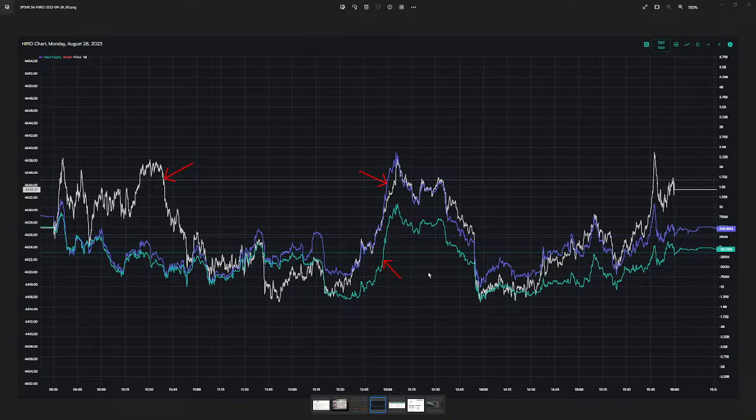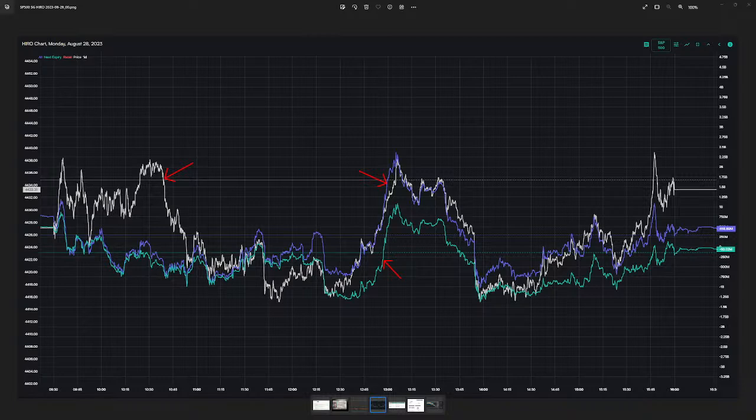It was about a 2-point range for SPY. And a large part of that was due to this volatility suppressing action of 0 DTE traders.